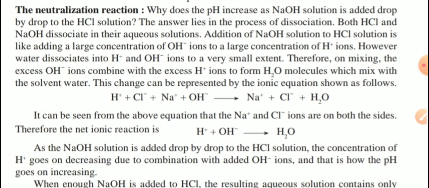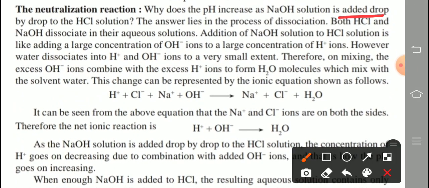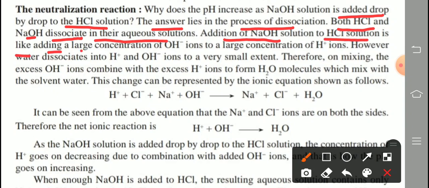Why does the pH increase as NaOH solution is added drop by drop to the HCl solution? The answer lies in the process of dissociation. Both HCl and NaOH dissociate in their aqueous solutions. Addition of NaOH solution to HCl solution is like adding a large concentration of OH⁻ ions to a large concentration of H⁺ ions.